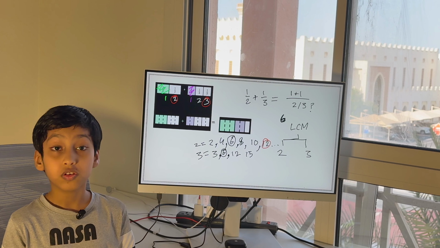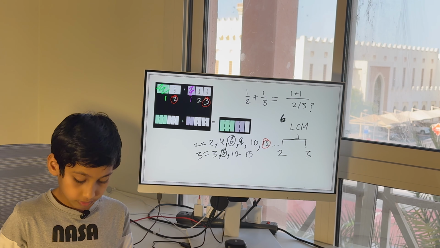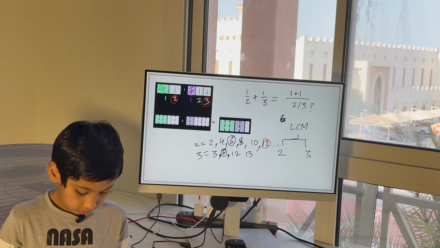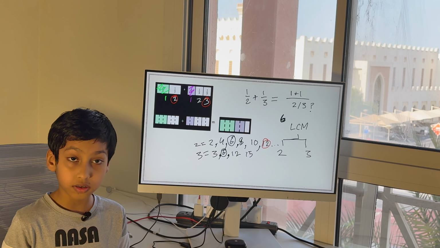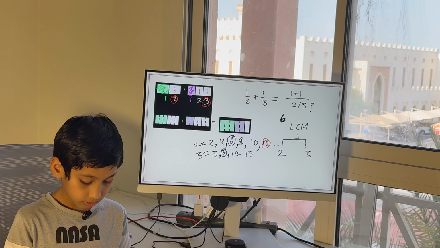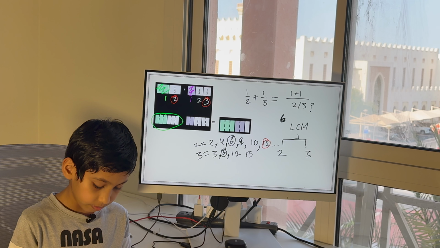Okay, so as you can see in the other picture, as we've learned with equivalent fractions before, this is the same thing. This right over here is the same thing as 1 over 2, right?